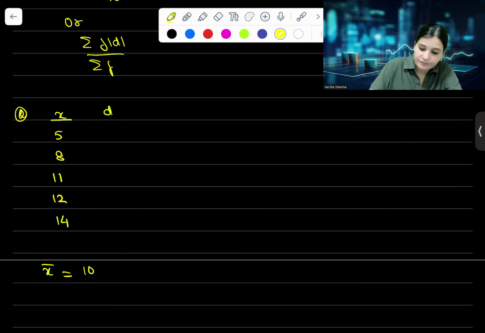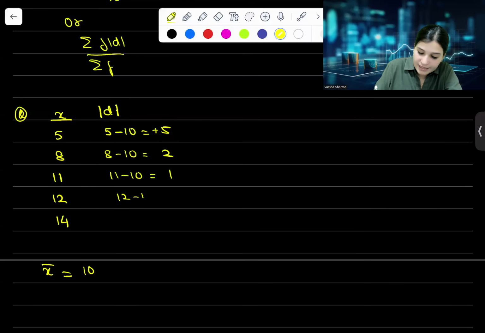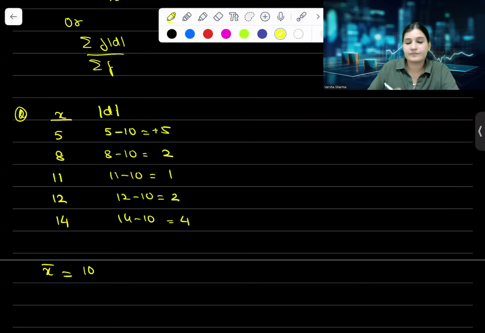Now deviation, right? So 5 minus 10 is minus 5. We take absolute value, so ignore the sign. Then 8 minus 10, I'll take only 2. 11 minus 10, 1. 12 minus 10, 2. 14 minus 10 is 4.